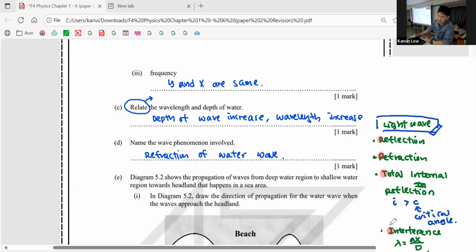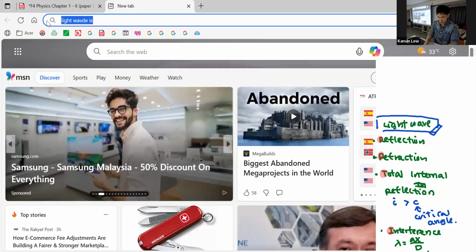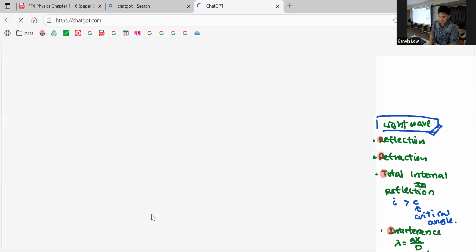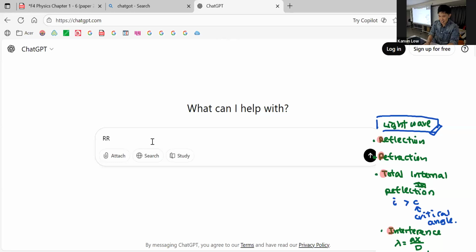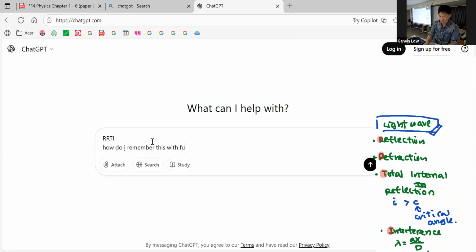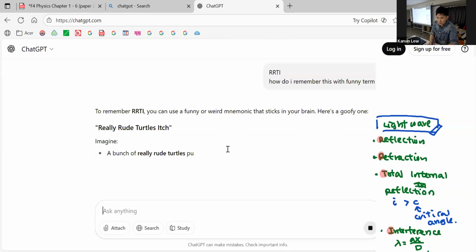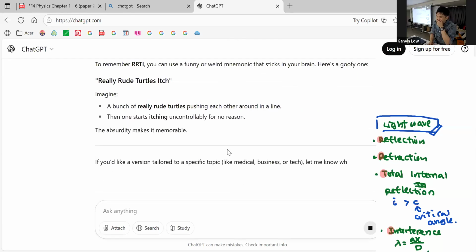RRTI. What can you think about RRTI? Let me think about it from ChatGPT. This is where ChatGPT comes in convenient for me. Remember this with funny terms. Really rude turtle each.